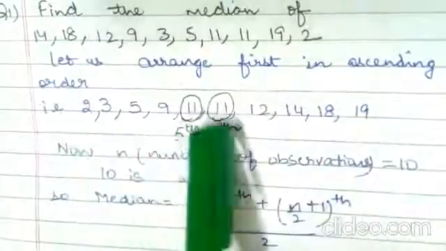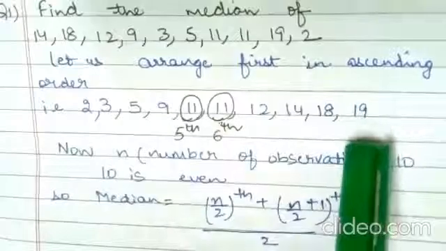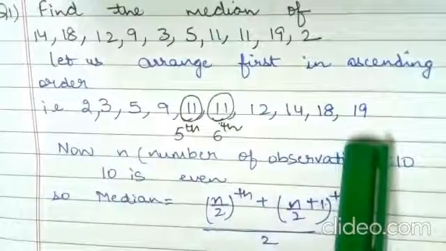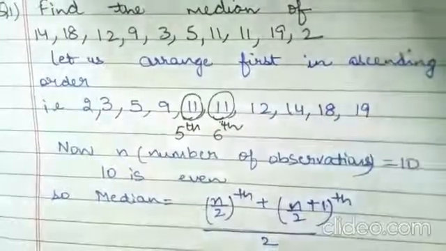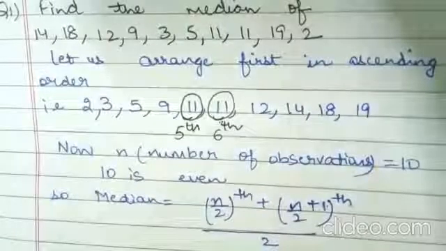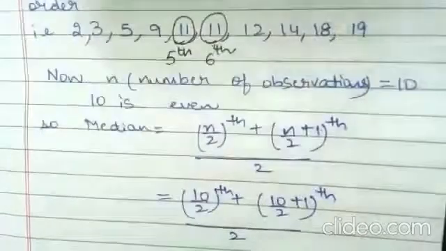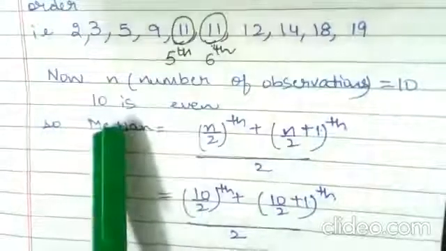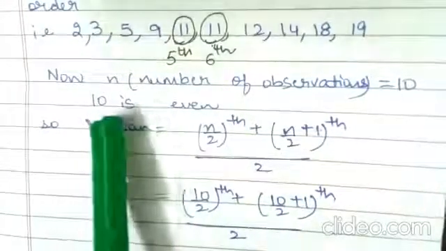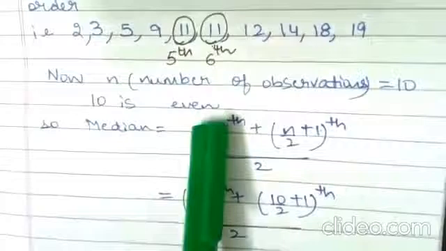Now let us count the number of observations, and we have found that the number of observations is 10. And we know that 10 is an even number.